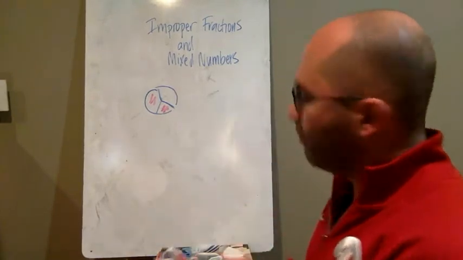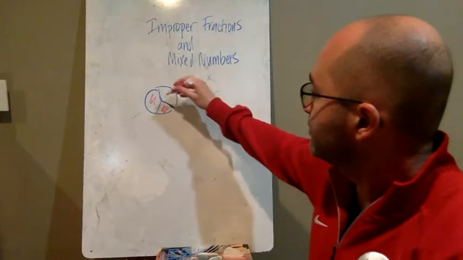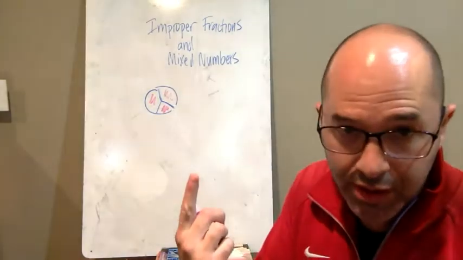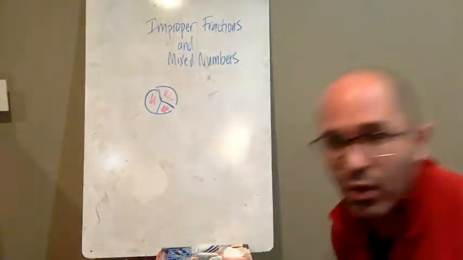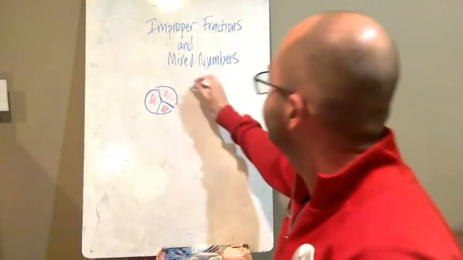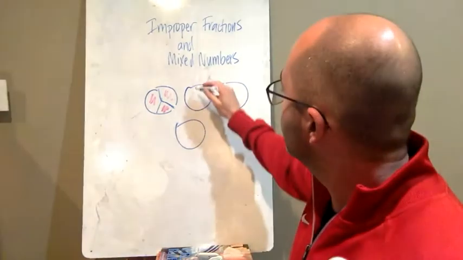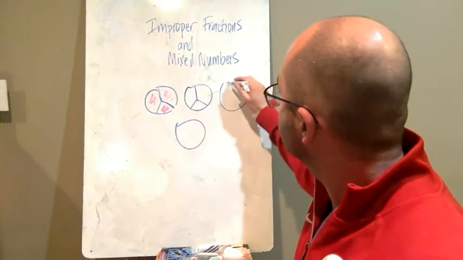But let's say you have a whole bunch of cookies, more than one cookie, because we know 3/3 is one whole cookie. Let's say there were 4 cookies, each of them broken into thirds.